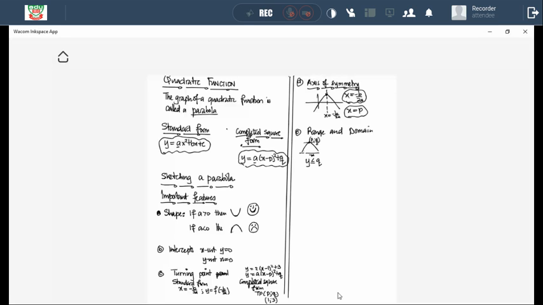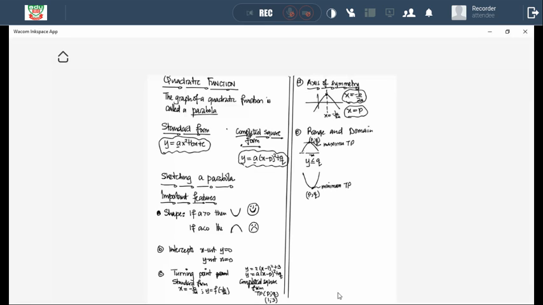Right. Now the next one, if it's a cup shape like that and you want to determine its range, this is still Q because it's a turning point. And this turning point, we call it a minimum turning point, minimum TP. This one, we call it the maximum TP.